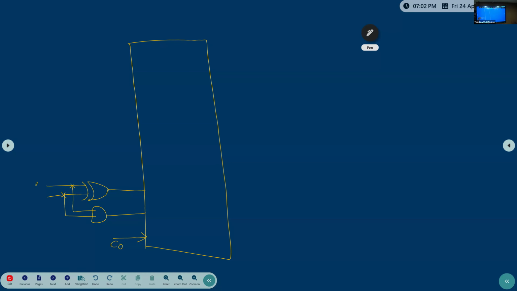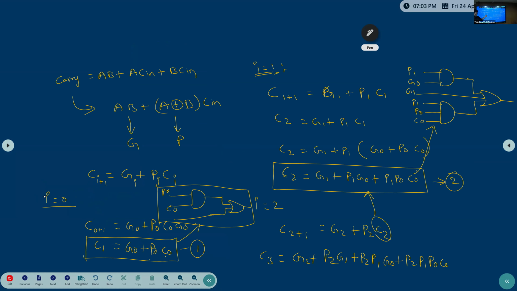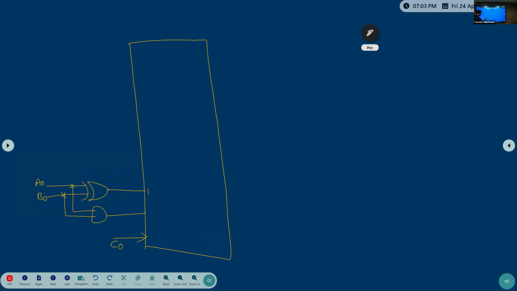This is A0, B0. Then what is this one? Yes, carry propagation only, right? A XOR B means carry propagation only, right? This one is P0, this one is G0. G0, C0, you are already giving. So then what will we get? C1 will be obtained. How will C1 be obtained?